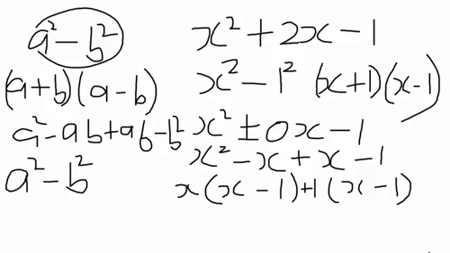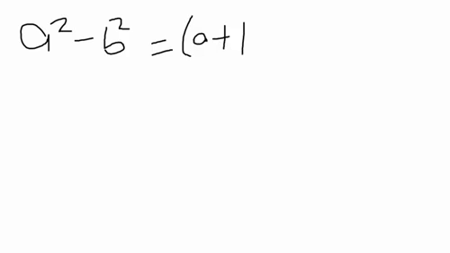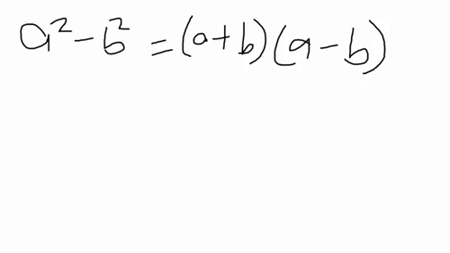So you can see that these two are actually the same. Now let me get a new page for this. a squared minus b squared is equal to a plus b times a minus b, the product of a plus b and a minus b.